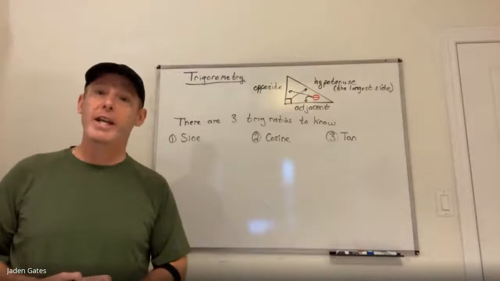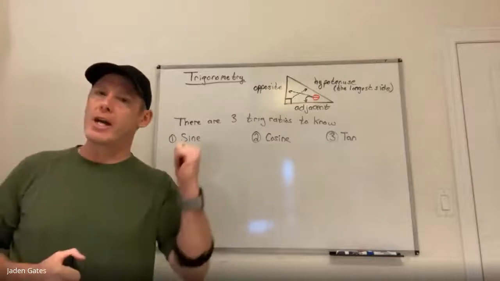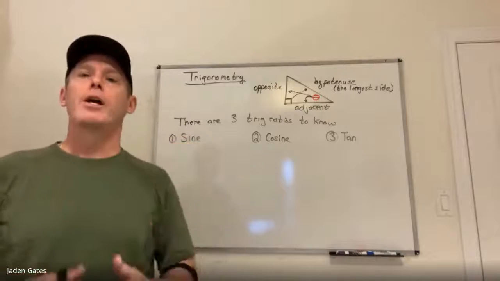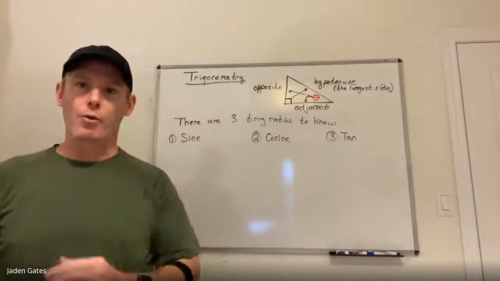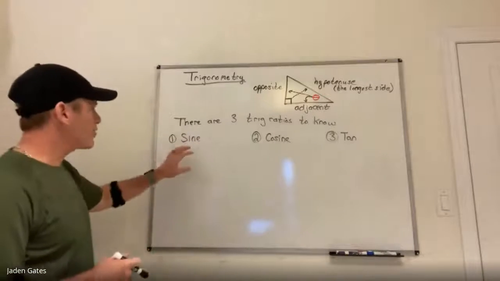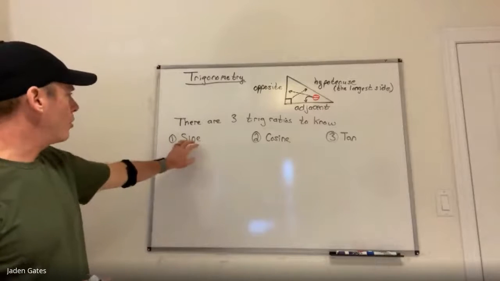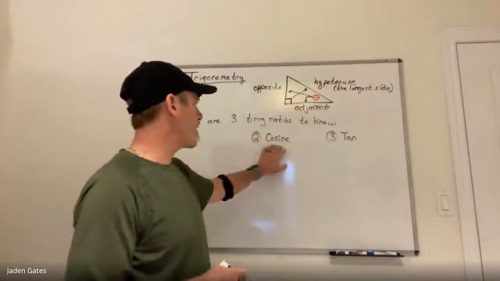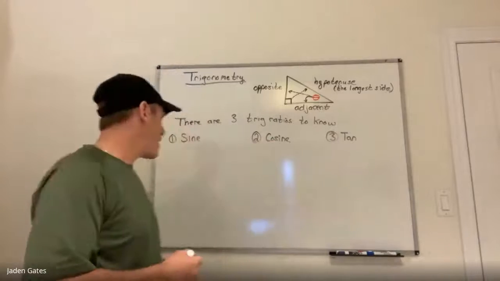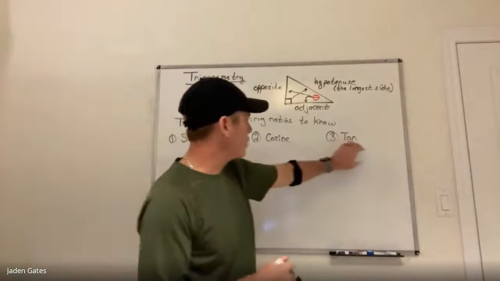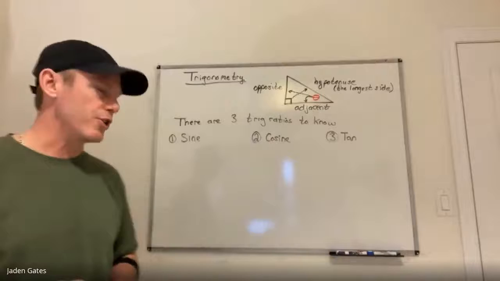All right, now the next step is that for trigonometry, there are three basic trig ratios that you need to know. And again, a ratio, just like we looked at with similar triangles, can be written as a fraction. That's how we're going to write it. Now, the three trig ratios that you need to know are called sine, cosine, and tan. Now, I'm going to leave a little bit of room here because there's a way to remember these ratios.